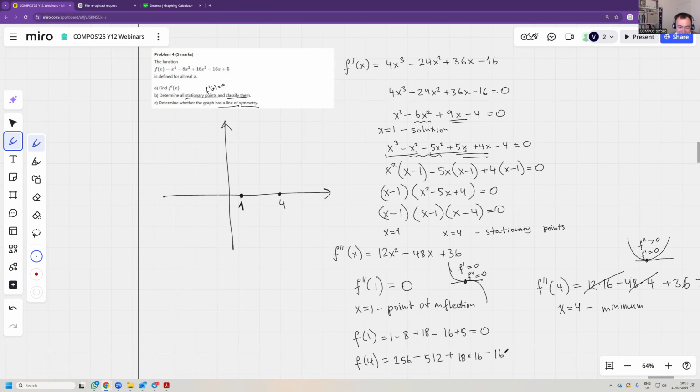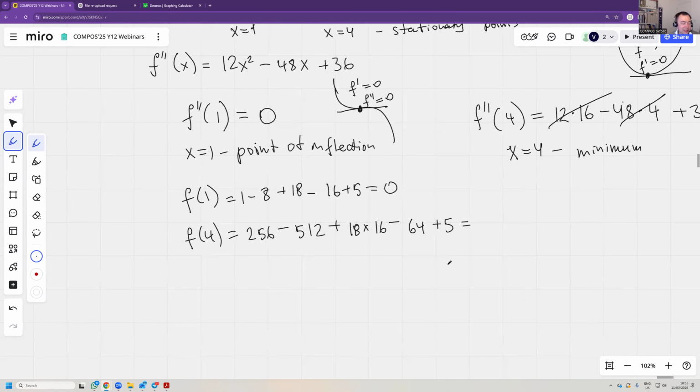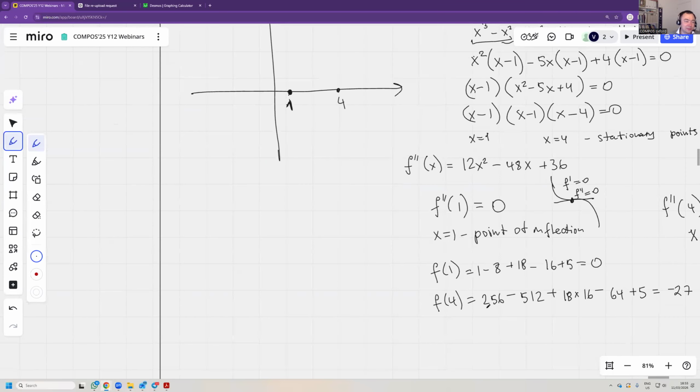Minus 16 times 4. So 64. Plus 5. I don't think I can do that in my head. Well, I can, but I'm not in that state of mind at the moment. 18 times 16 minus 64 plus 5, negative 27. Right, so negative 27. So 4, negative 27.